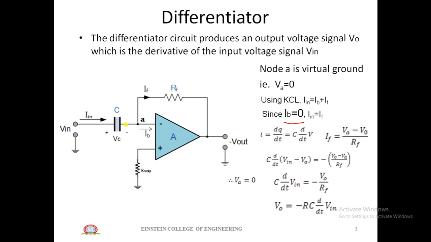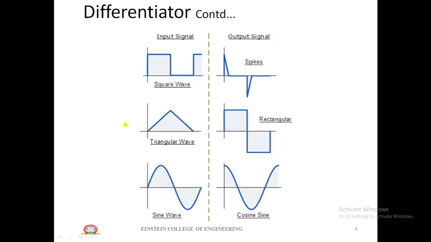This is the differentiator. When we give a DC supply to the input side, there will be no change in the output side because there is no rate of change of input voltage. So there will be no output for DC supply. If we give a square wave as the input signal, there is a rate of change, so at that time you will get a spike voltage.